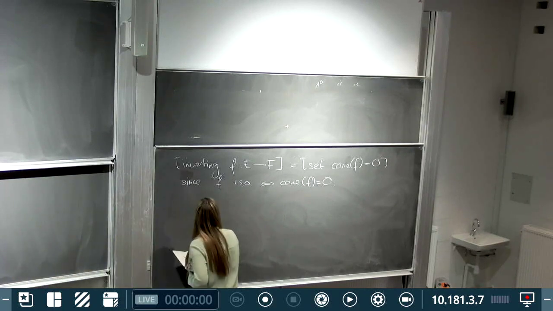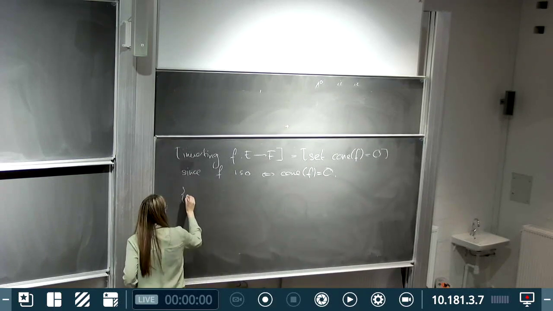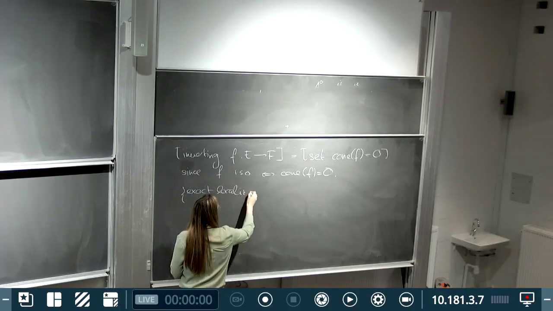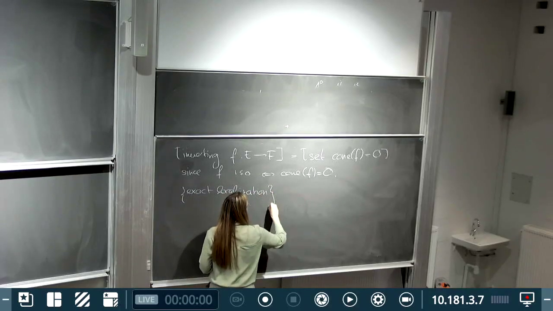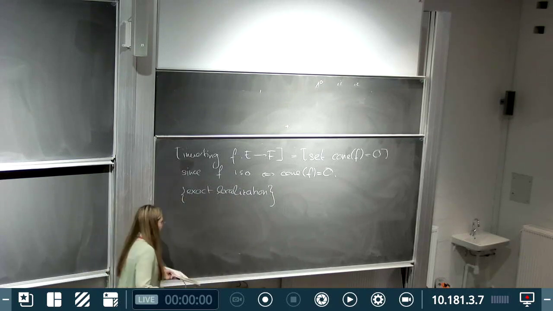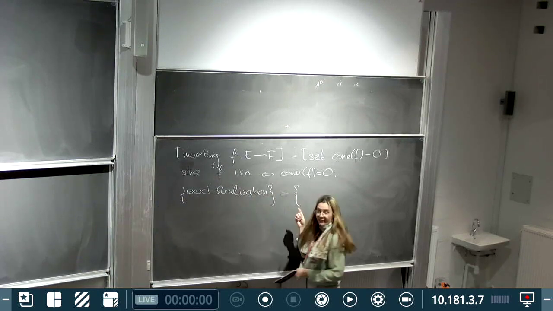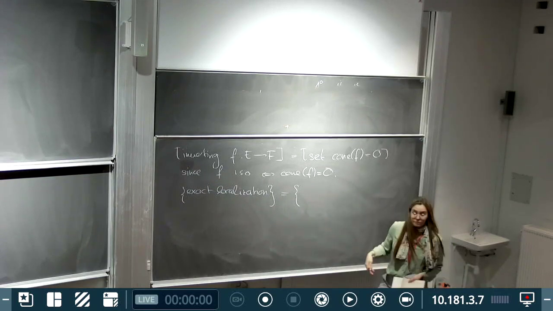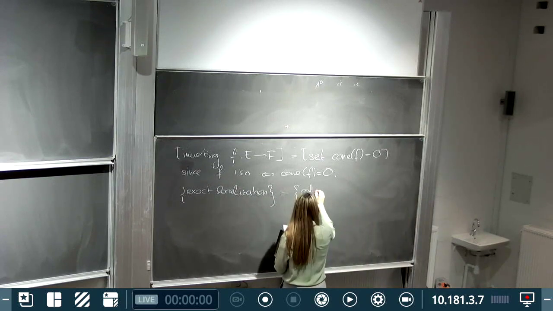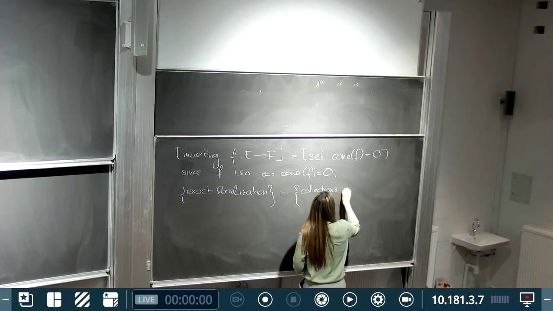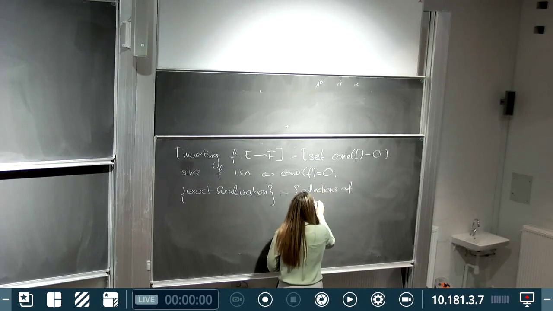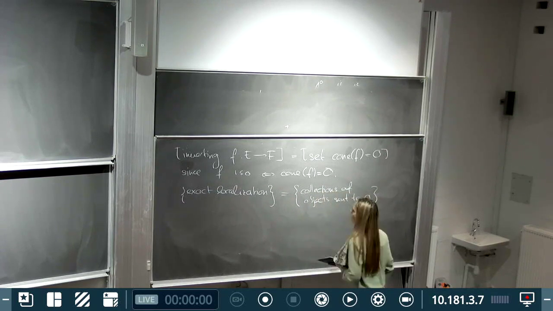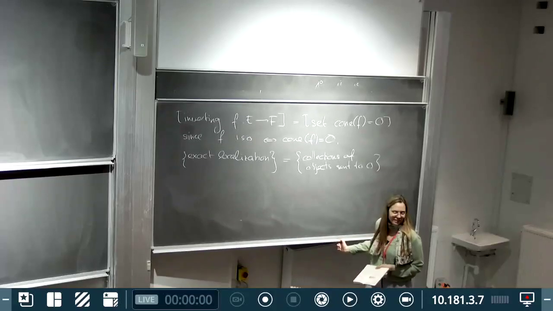Good. So, if we think about it that way, the exact localizations of Perf(A) correspond to the collections of objects that get sent to 0 when we invert maps which have those objects as a cone. Now you have your first pseudo definition of a localizing subcategory.